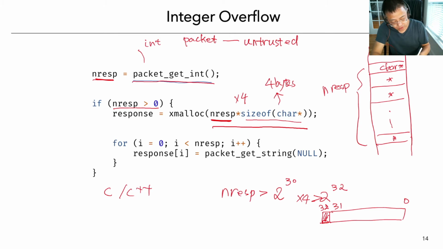Normally on a 32-bit machine, it will be 32 bits for int, right? So if the result here cannot fit in 32 bits, it's going to cut off the top bits and throw them away. Now you get a smaller integer. So this is the integer overflow.